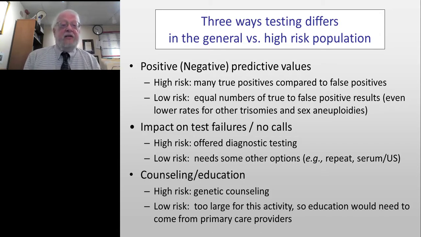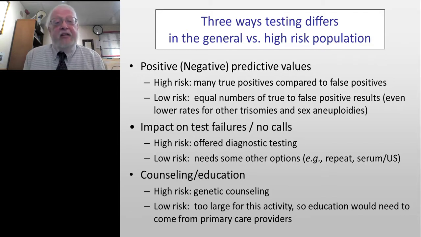In the low-risk population, it's unlikely to be that high. It might be 1 to 1, it might be 3 to 1, 5 to 1, but there are going to be more false positive results. And so the test is still working the same. There's just less to detect.